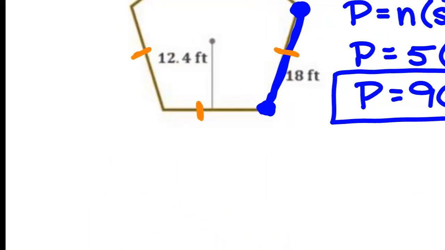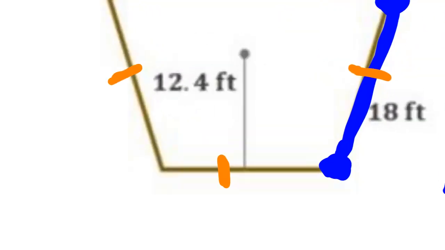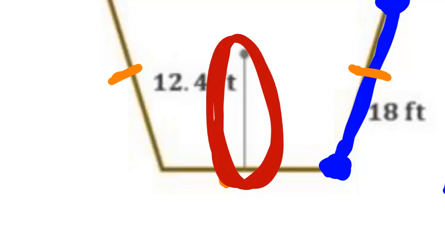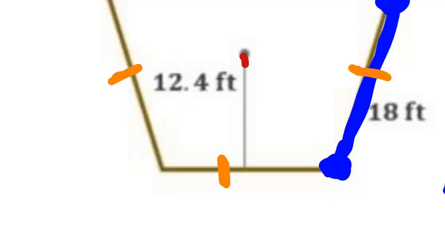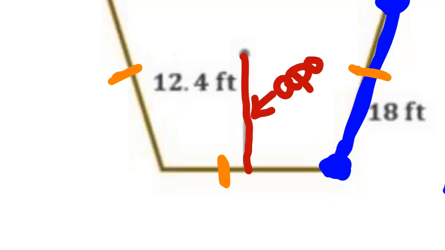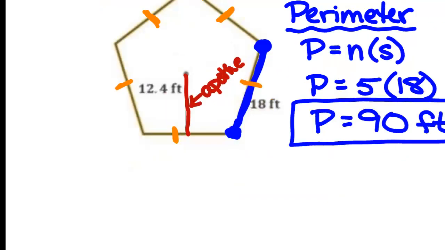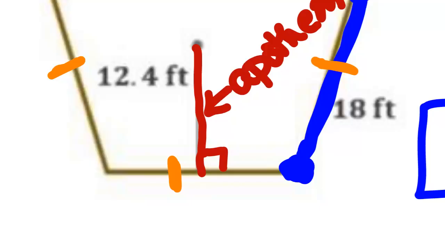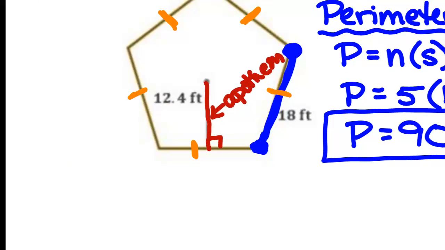And then we're also supposed to find the area. What is this segment right here? Is that an apothem or a radius? That's an apothem. It goes from the center to the edge, and makes a right angle where it hits that side.